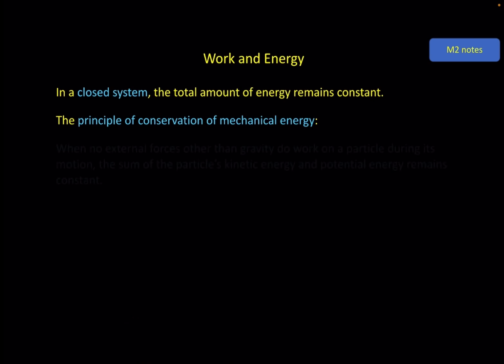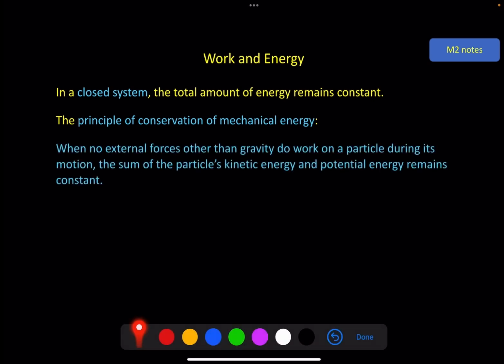Now, more formally, we say when no external forces other than gravity do work on a particle during its motion, the sum of the particle's kinetic energy and potential energy, the two that we're looking at in mechanical energy, remains constant. So in a very simple setup, for example, a box sliding down a plane where there's no friction because that would be an external force, and there's no pushing or pulling force because they would be external forces as well.